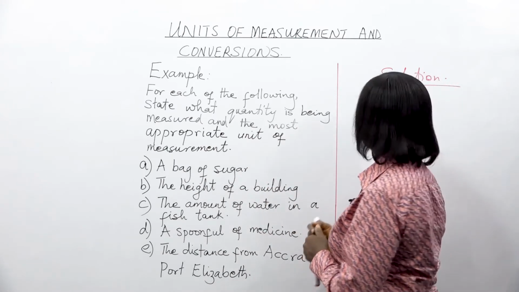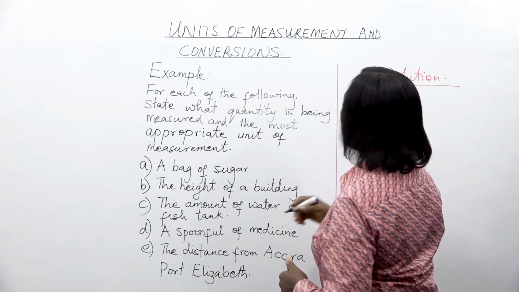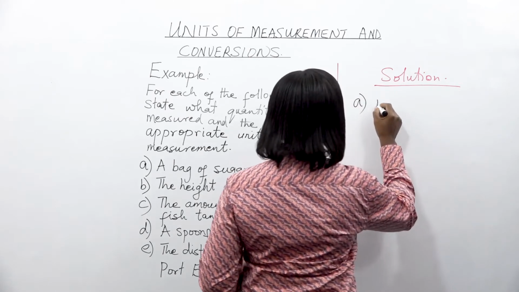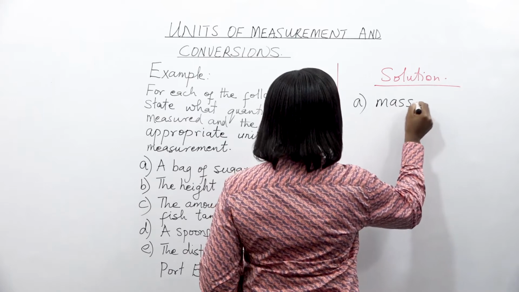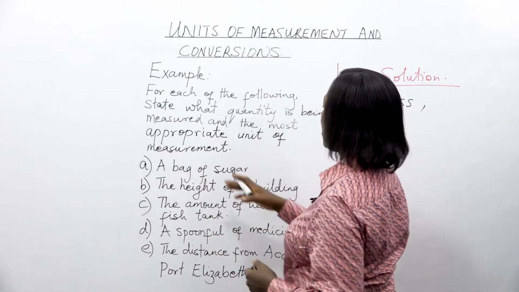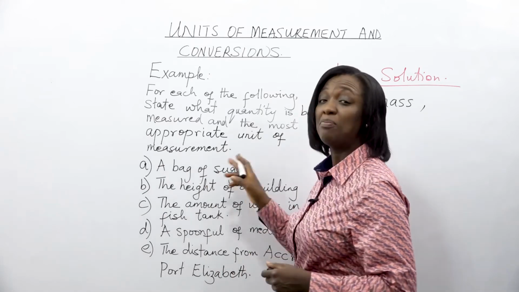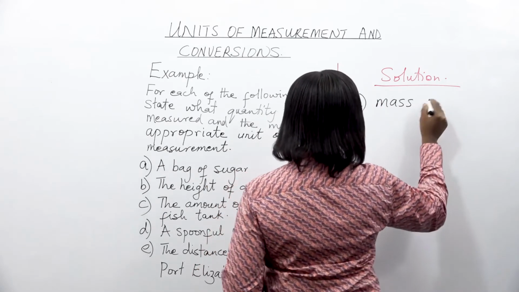So for a bag of sugar, we are measuring the weight or the mass. And the most appropriate unit of measurement, if it's a bag, is kilograms.